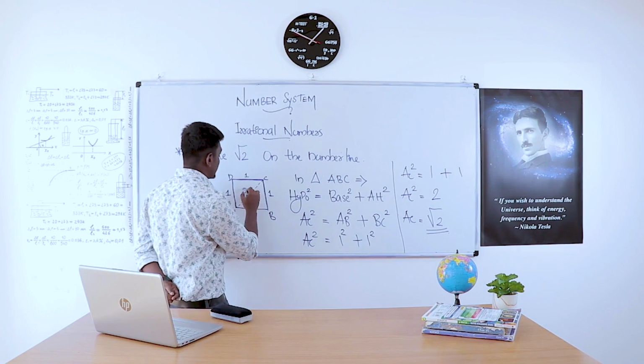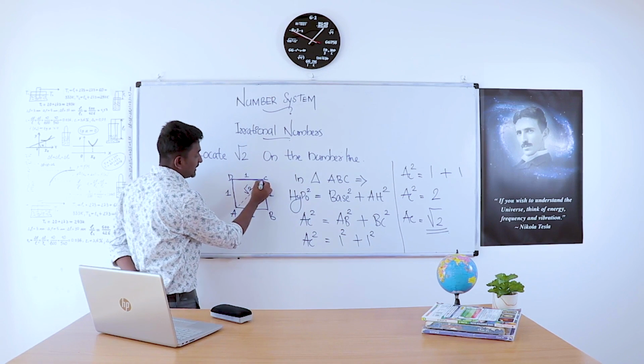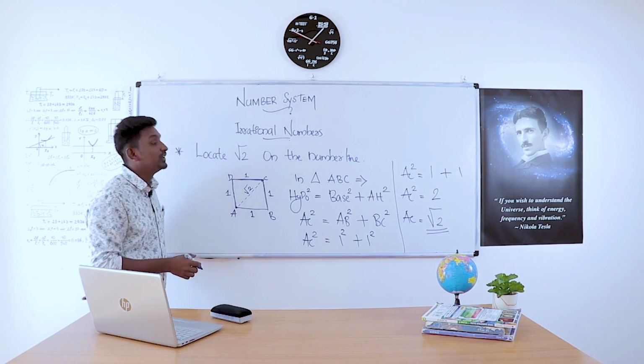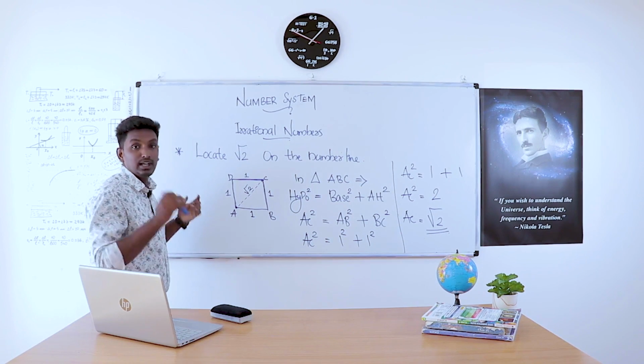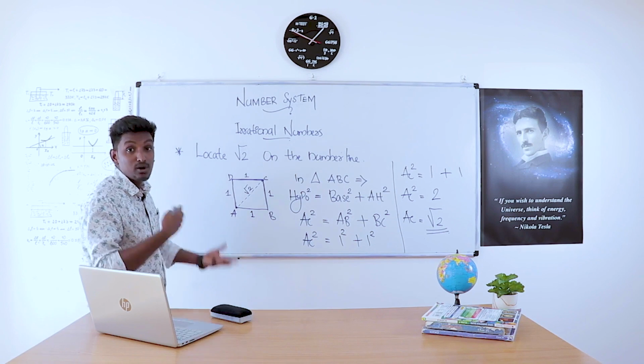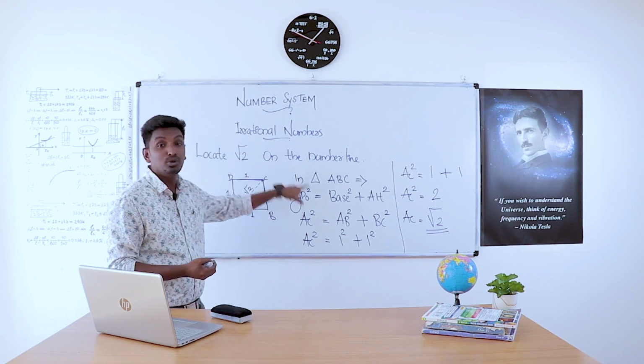Now we get root 2. This is the value of root 2. From A to C, this is the length of root 2. Now you should understand how root 2 can be found out. The question is, locate root 2 on the number line.